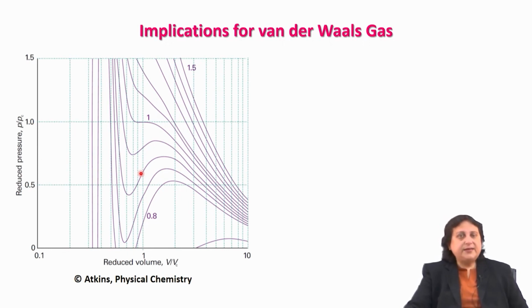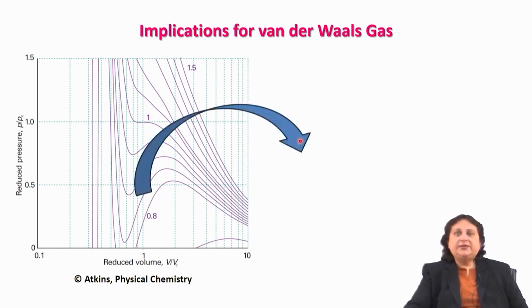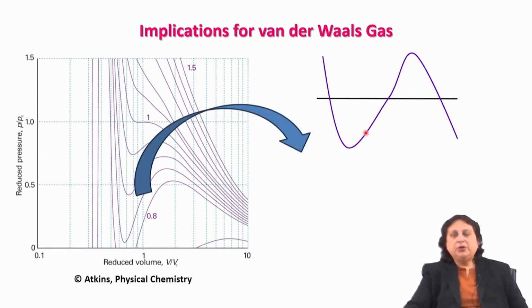But the changed nature has a very interesting feature. As you see from here, in this region, you have the variation of pressure like this with respect to the volume.